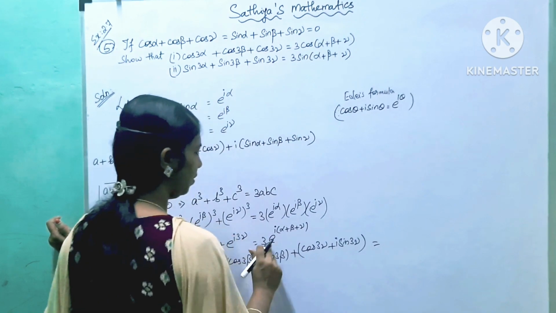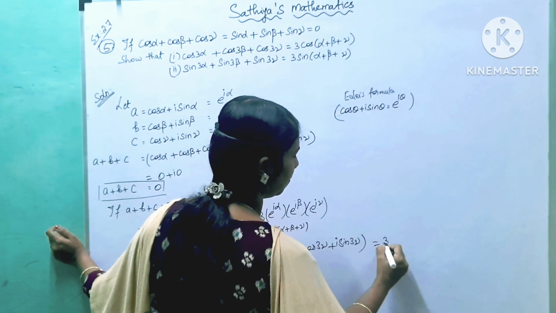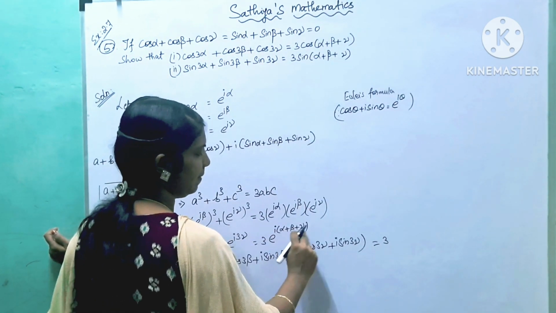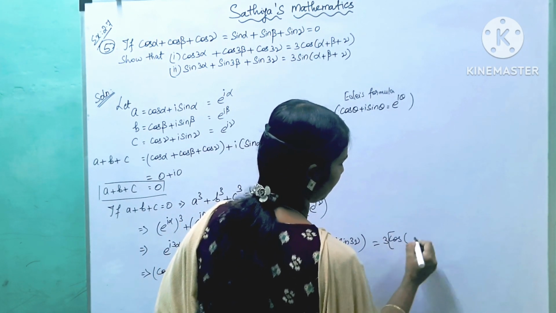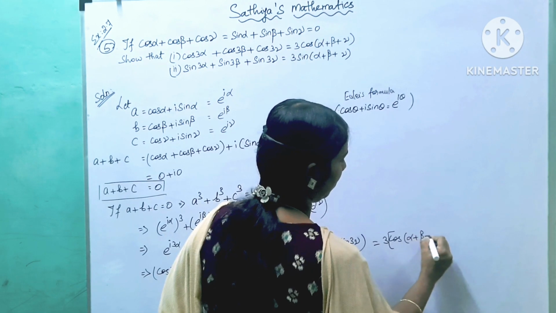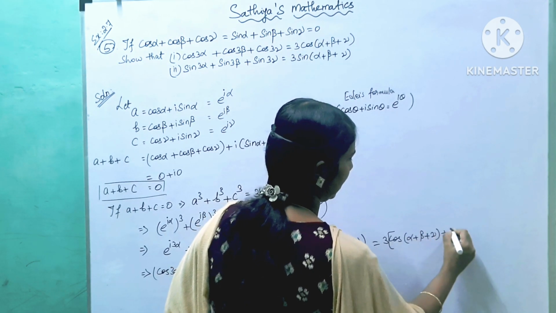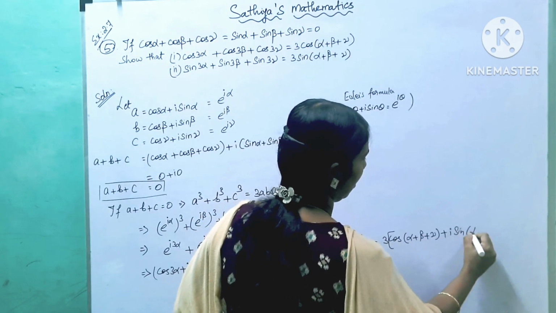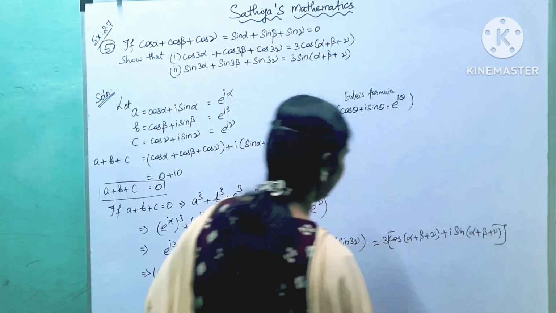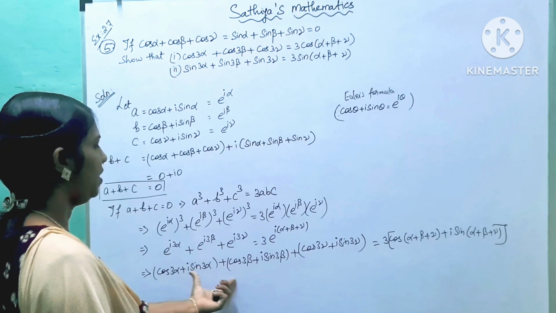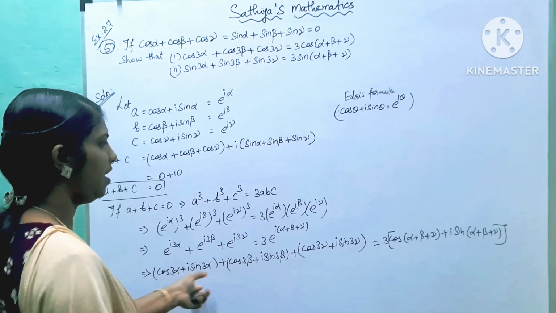This is equal to 3 into e power I into alpha plus beta plus gamma, which we can write as cos(alpha plus beta plus gamma) plus I sin(alpha plus beta plus gamma). From this complex number we can separate the real part and the imaginary part.